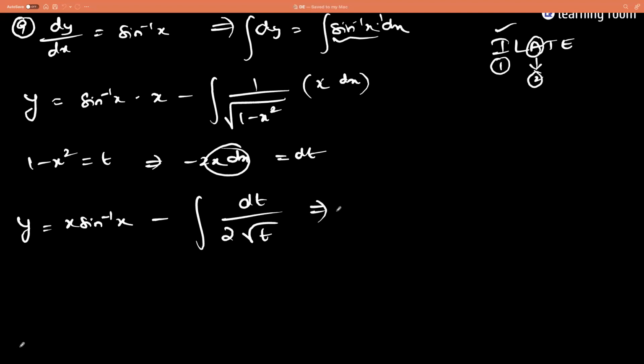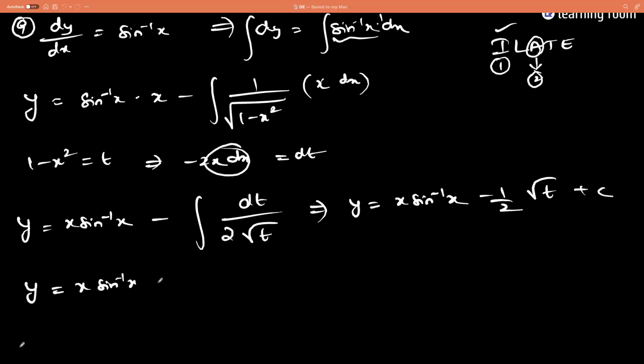This implies y will be equal to x sine inverse x minus half into integral of 1 by root t, or integral of 1 by 2 root t is actually root t. We have a plus c. So y is equal to x sine inverse x minus half into square root of 1 minus x square plus c, and this will be the required answer.